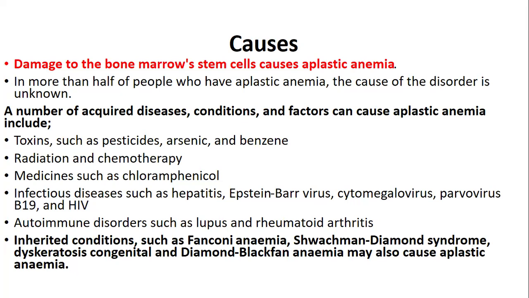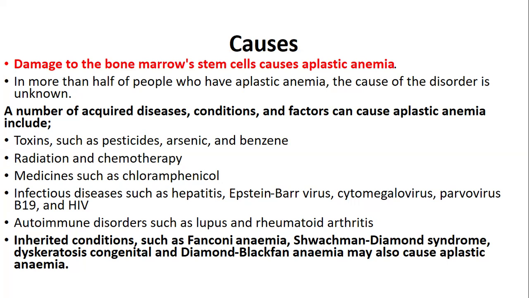Those people who do a lot of fumigation, like the environmental health personnel, and people that are exposed to pesticide, arsenic, benzene, and a lot of other types of toxins can be predisposed to this type of anemia, in which the stem cells will be destroyed and they'll stop producing the red blood cells as required.